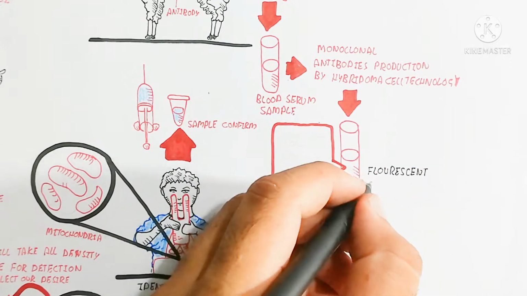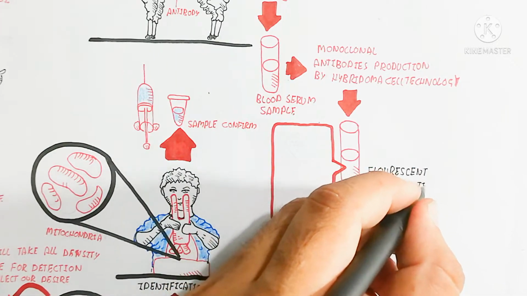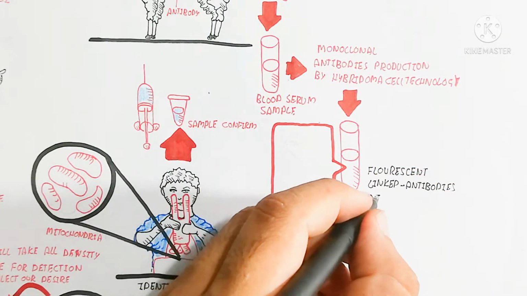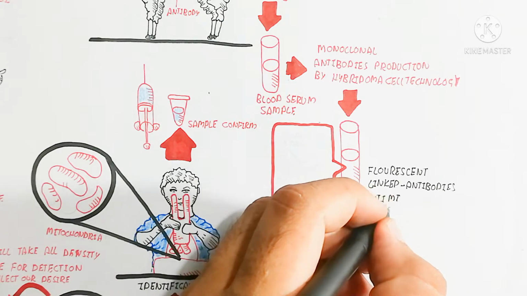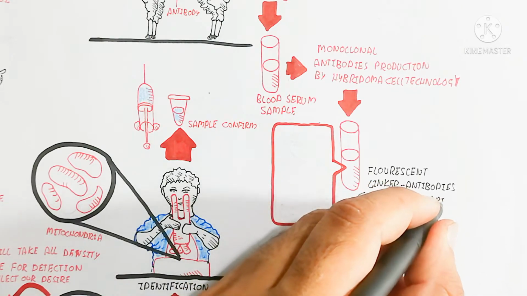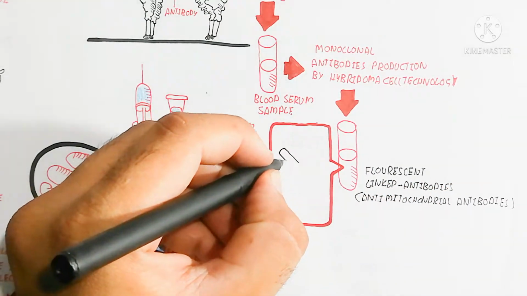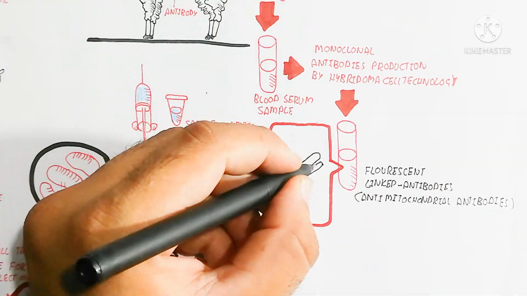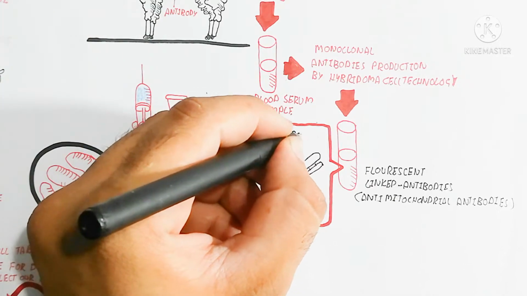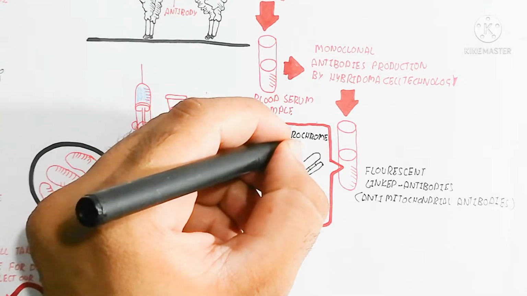These antibodies, the whole set of different antibodies, including the anti-mitochondrial antibodies, we will link with a fluorochrome stain, making fluorescent antibodies.